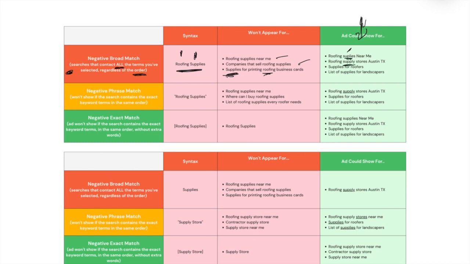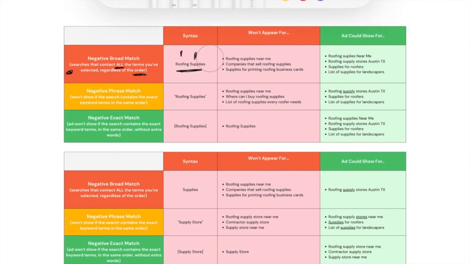Instead of putting supplies, they put the word supply in there, so you're still going to show. Supplies for roofers. Instead of roofing, they put roofers in there. And then the next one is a list of supplies for landscapers. So you still are showing up for irrelevant terms that have the word supplies in there.